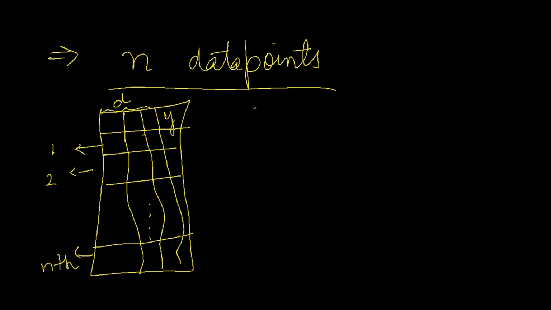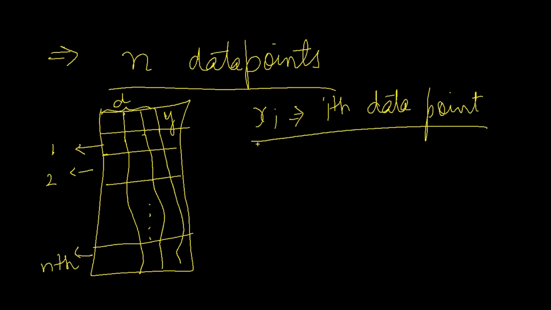Now each data point is denoted by xi, where xi denotes the ith data point. One more thing: sometimes we denote xij.